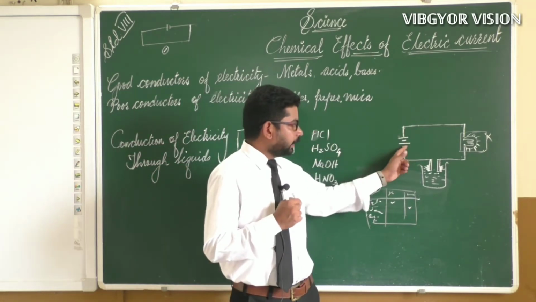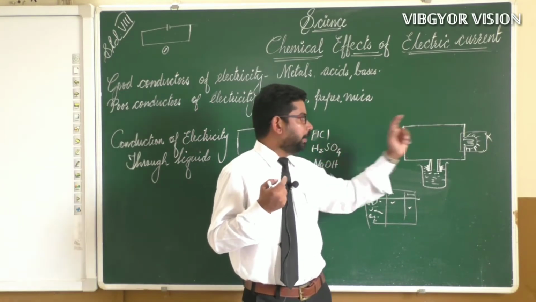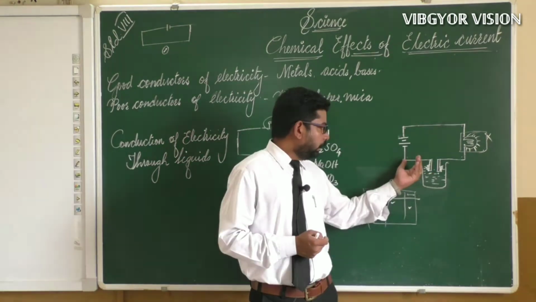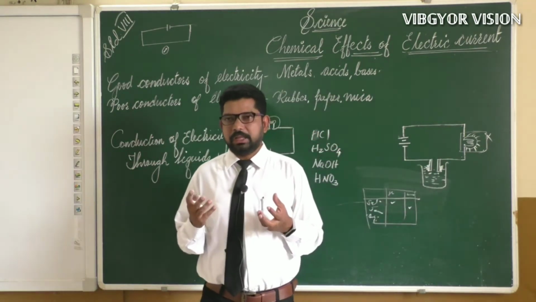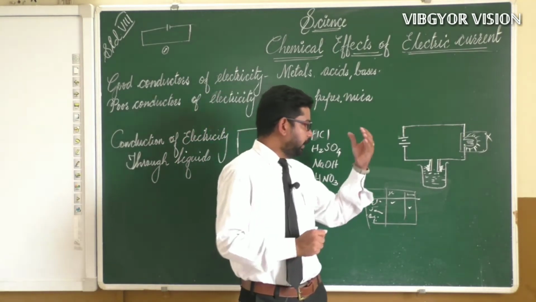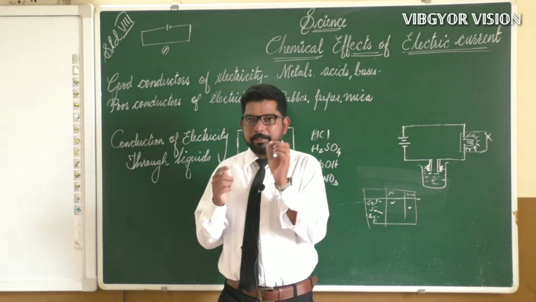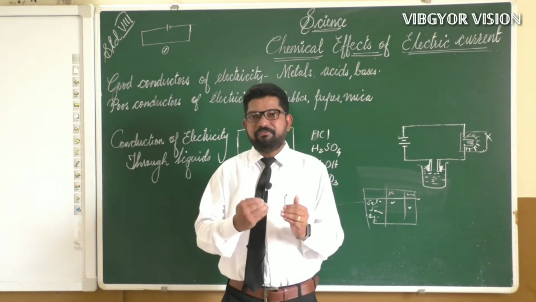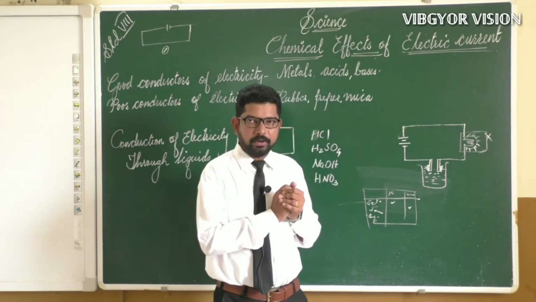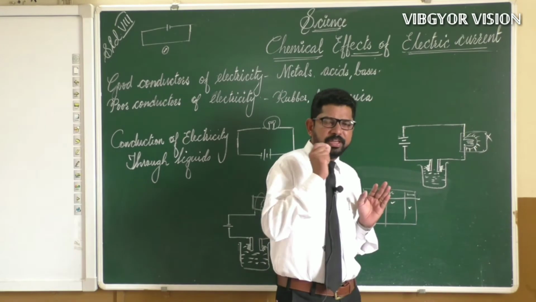First one, if the battery is used up, that means if it is used for a long time, it may not work. If the bulb is fused, it will not work. And if there is a loose connection anywhere, then also it will not work. Then there is one more possibility. What is that? If it conducts electricity in a weak way, or very poorly, that rate will be very low.